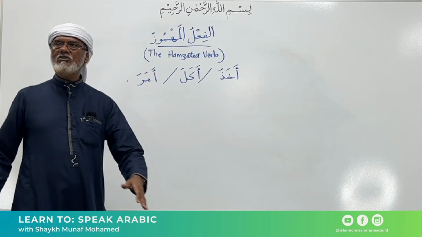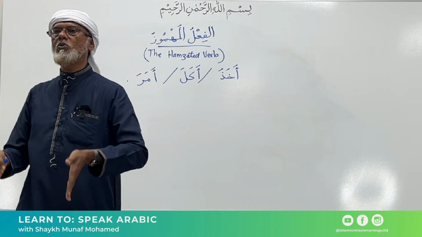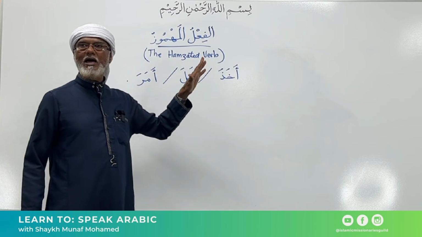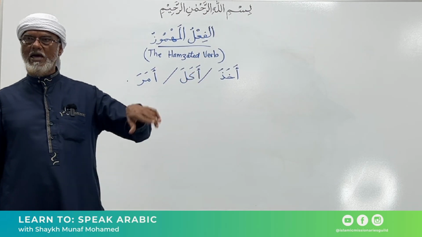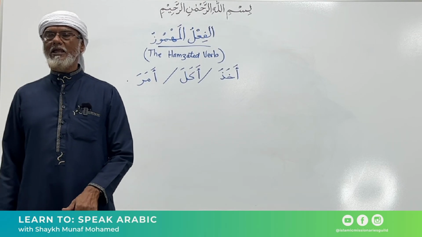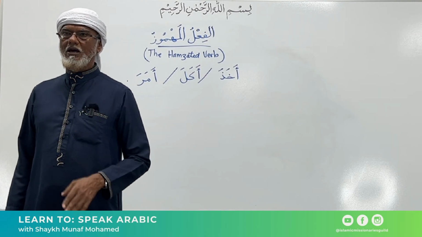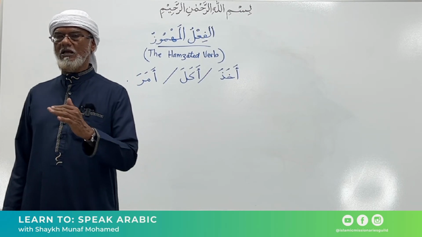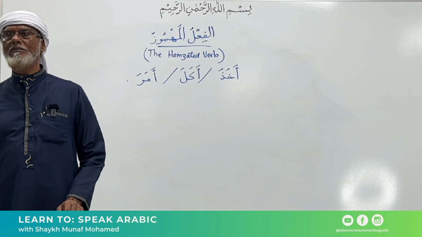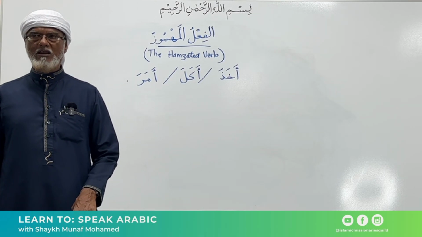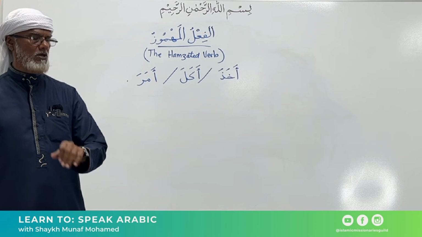And then we move to the dual form. It will be what? Akhadha, with the alif at the end. And then akhadhata for two females. And then the second person will be akhadhtuma, for both masculine and feminine. And for the first person, there is no conjugation there.